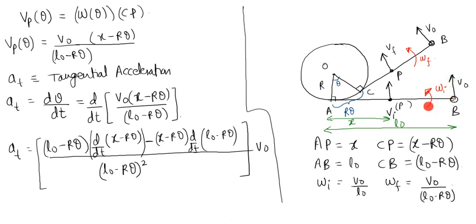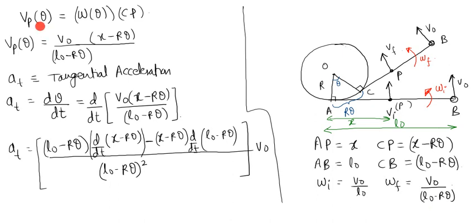So the initial angular velocity was v0 by L0, and the final angular velocity will be v0 by this length CB, which is L0 minus r theta. So I know omega initial and I know omega final. This is also omega as a function of theta, so omega as a function of theta can be written as v0 divided by L0 minus r theta.